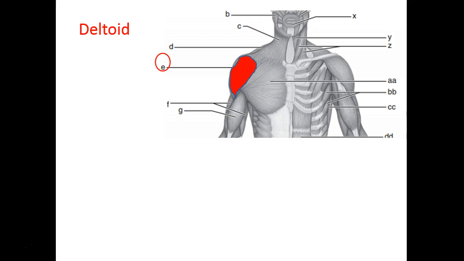So deltoid is number 4. Since we've already used red, I actually on my muscle man made this one striped red. I didn't on my picture on the screen because I wanted to make it visible to you so you would know which muscle it was. But on my muscle man itself, I put striped red. So deltoid number 4 is E, and I made it striped red.